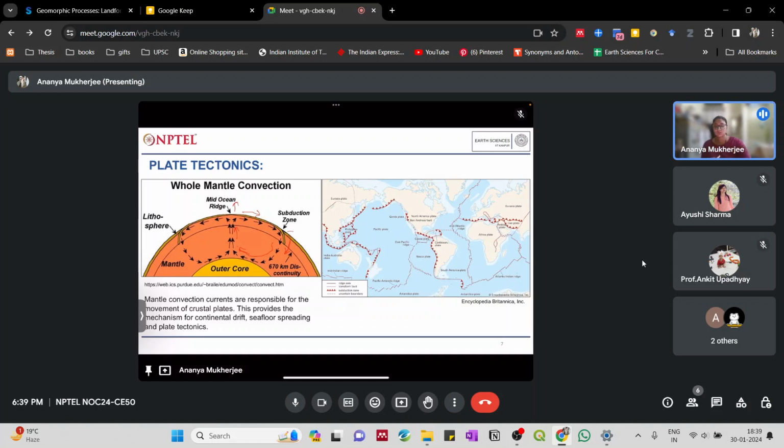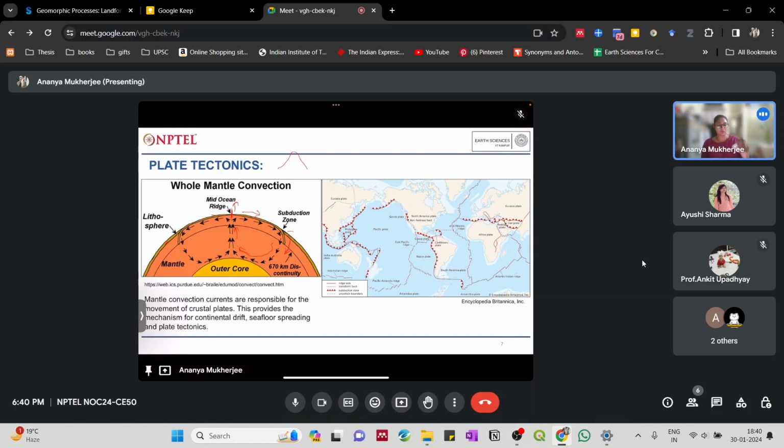If you consider all these plates only as oceanic plates, over here you have the material coming on top, and these actually form ridges. Ridges as in small mounds that you can find on the oceanic crust. These are called mid-oceanic ridges.